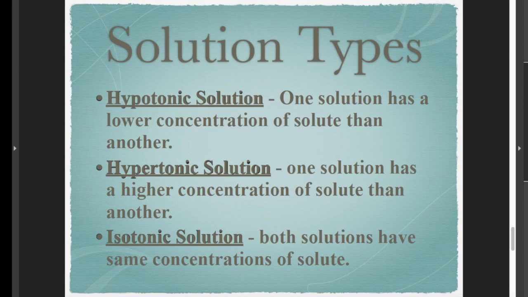Now, a hypertonic solution is when that same cell may have too much solute, too much salt, so the cell starts to shrivel up. It's kicking out the water, it has too much solute, it's trying to balance the solution, so the cell starts shriveling up.